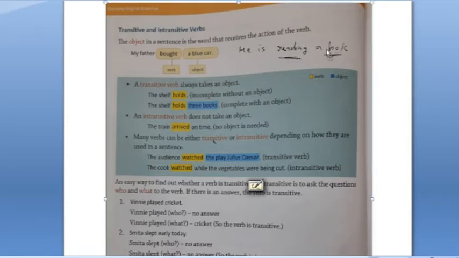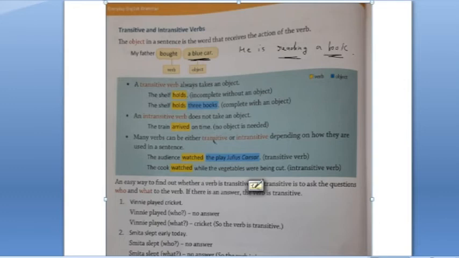Reading is the action. So what is he doing? He is reading a book. So this is our object. And read these points. What are transitive verbs? A transitive verb always takes an object. So the verbs will be transitive when there are objects.